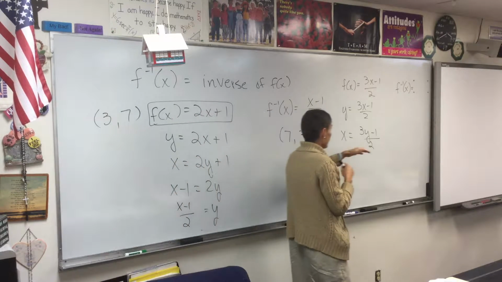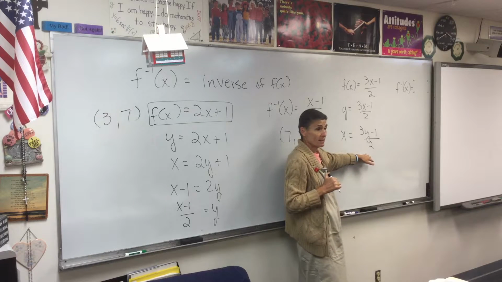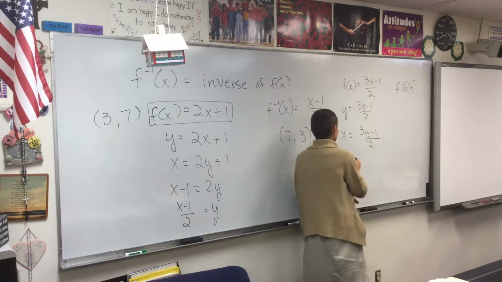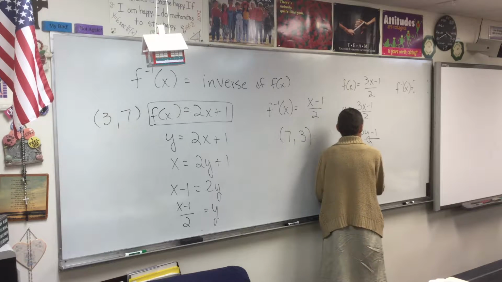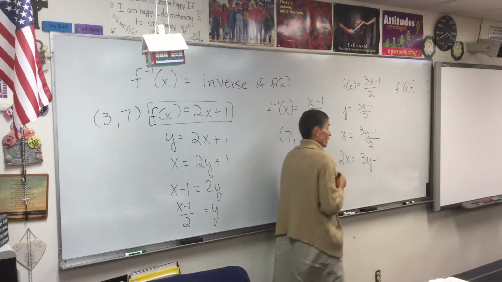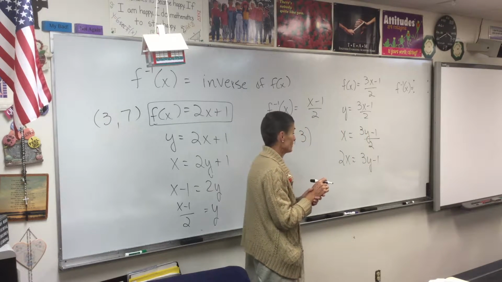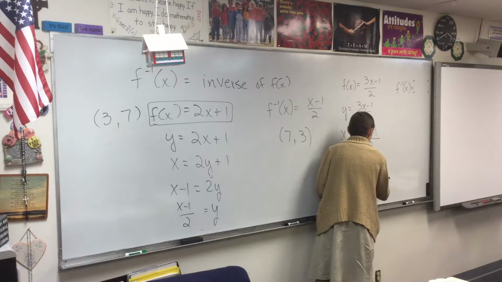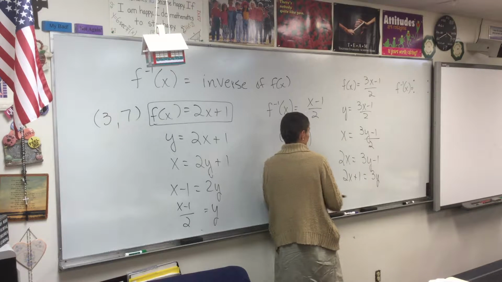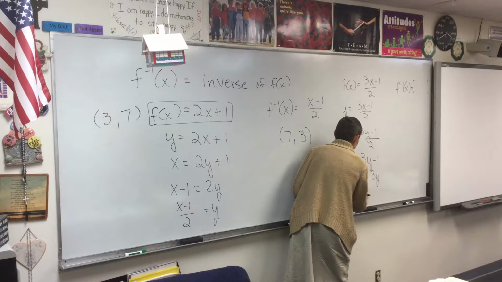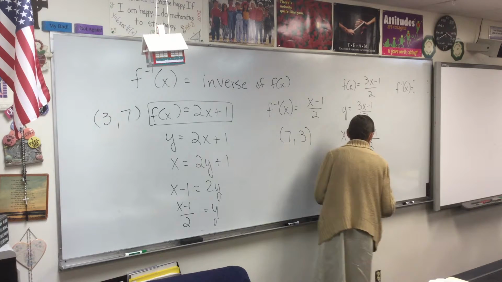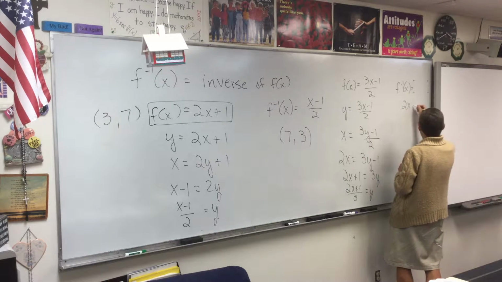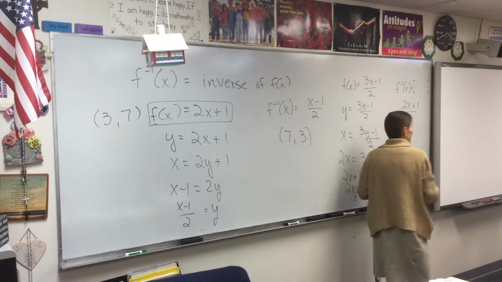So what would you do first here to get y by itself? Times by 2. So 2x equals 3y minus 1. All right, then what? Add 1. And then divide by 3. So your inverse is f inverse equals 2x plus 1 over 3.